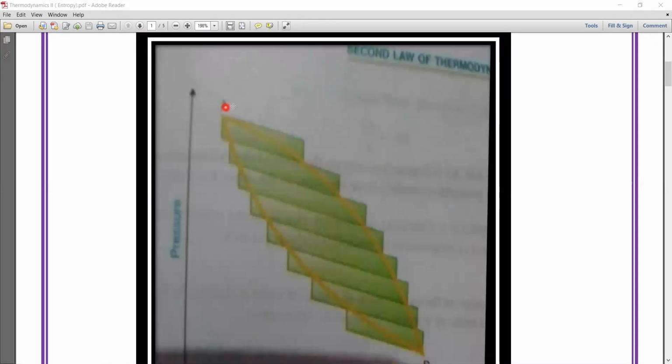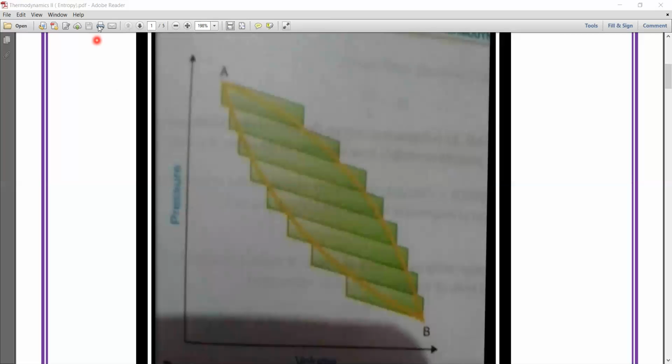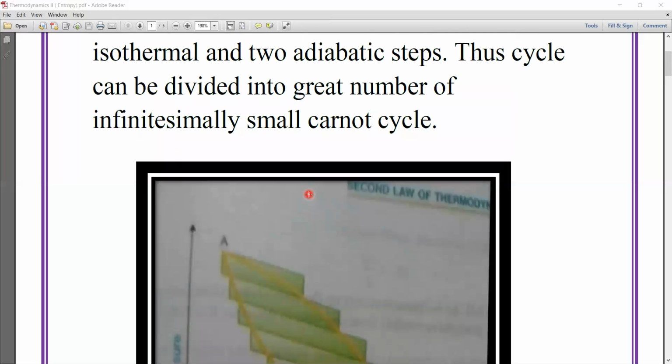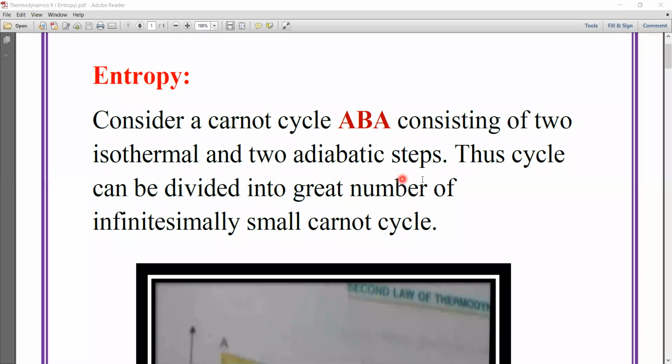It is shown in the diagram, ABA. It is a Carnot cycle, and this Carnot cycle consists of two isothermal and two adiabatic steps. You know what the two isothermal steps and two adiabatic steps are: isothermal expansion and isothermal compression.